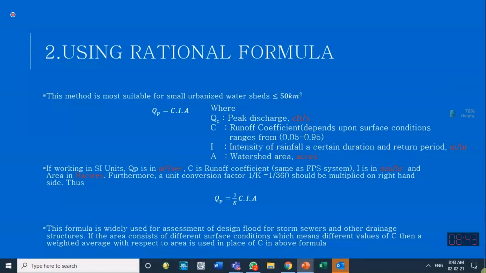So if a structure has to remain there for a longer period, like a barrage, 50 or 100 years, we also see when the structure's economical life will be completed. The economical life of a structure is when it pays back its cost. So we say this is its economical life.